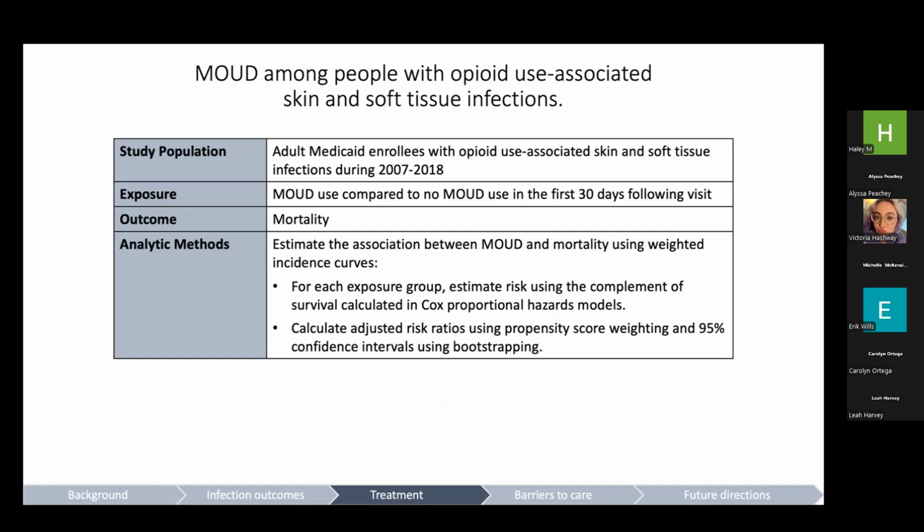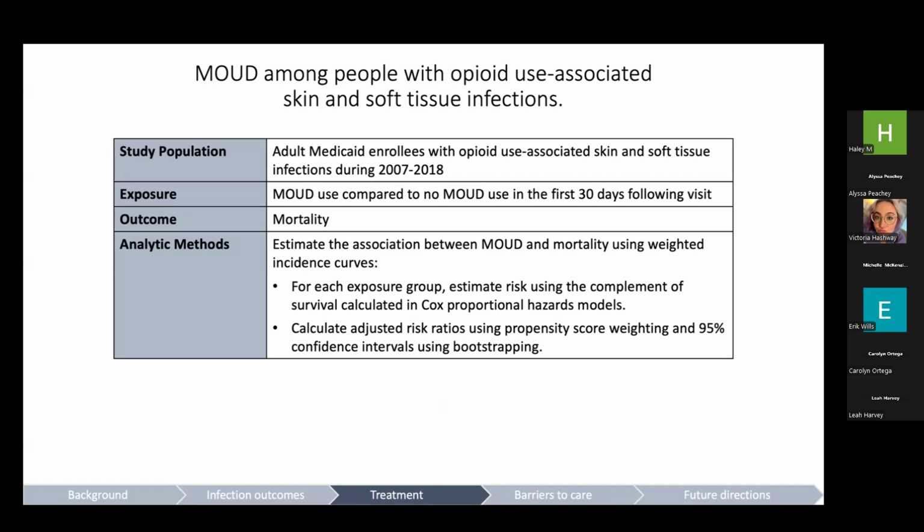So again, for this study, we were looking at the association between medications for opioid use disorder and specifically mortality among people who first came into the healthcare system with an opioid use associated skin or soft tissue infection. We know that skin and soft tissue infections are some of the more prevalent bacterial infections among people who inject drugs.